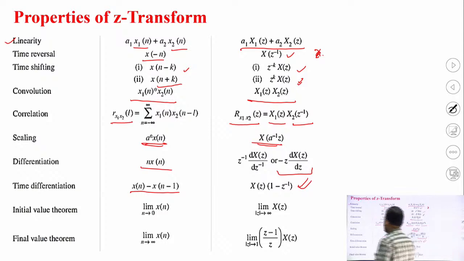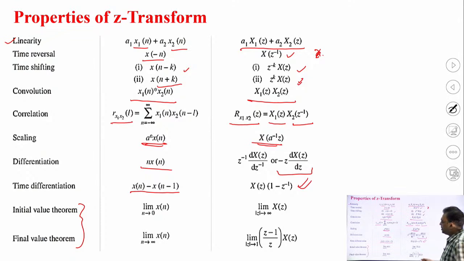Then the last two properties, initial value theorem and final value theorem. These two properties are only applicable for the unilateral Z transform. So if we have to find the initial value, limit n tends to 0 x(n), this value in frequency domain will become limit z tends to infinity X(z).